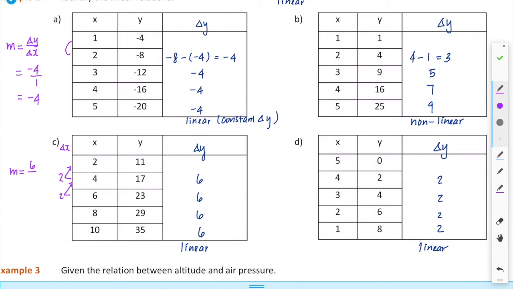So delta y is 6, delta x is 2. Slope is 3. And then for question D, now delta x is 4 minus 5, 3 minus 4. So these are all -1s. So that means slope here is 2 over -1, or -2. Okay.